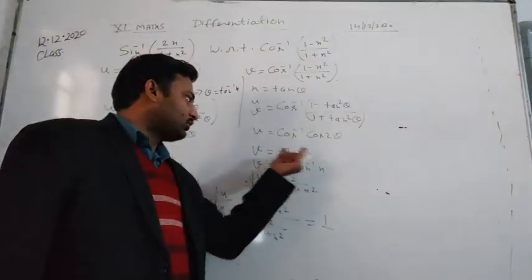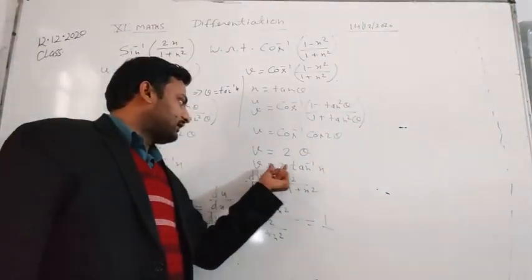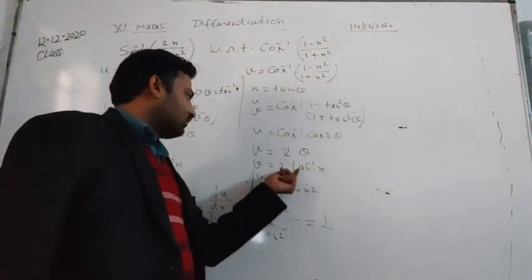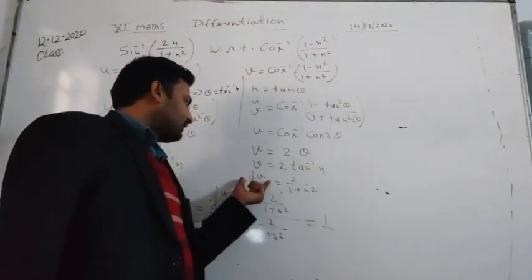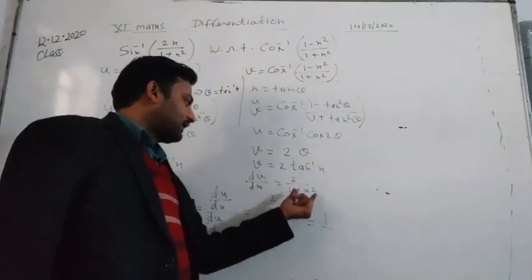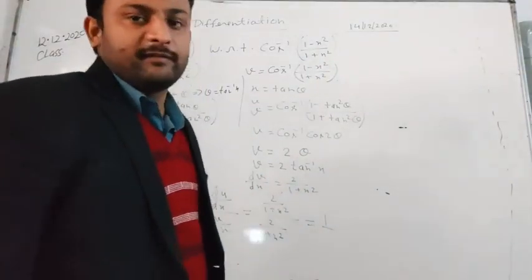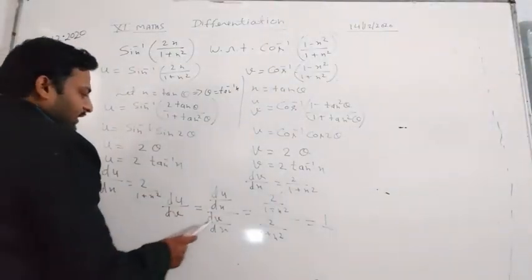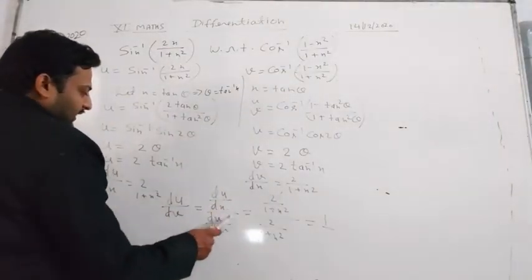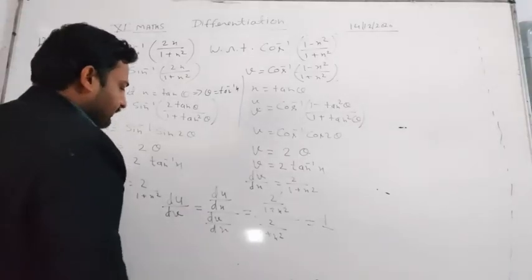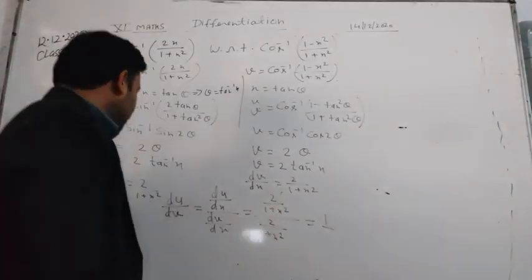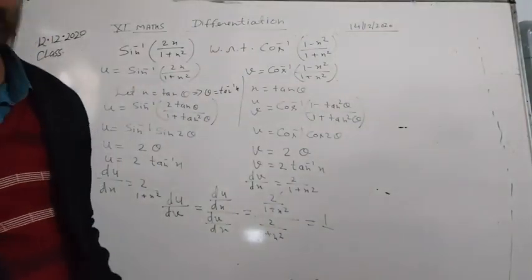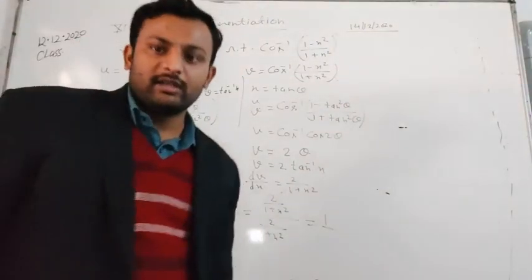We are getting 2 theta, and v is 2 theta, and theta again we can write as tan inverse x. So now differentiate this term with respect to x. We are getting 2 by 1 plus x square. Okay, student. Now we will find our du by dv. So du by dv is du by dx by dv by dx, and when we put the values, we see that both values are the same, so they cancel and we get 1. Okay, thank you.